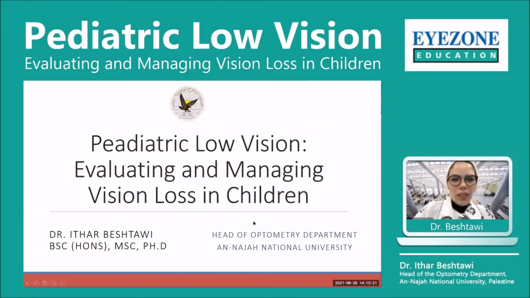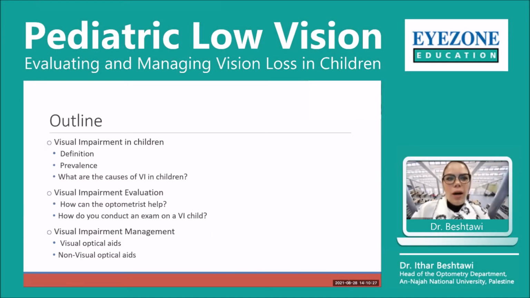Good evening, everyone. So this talk will be divided into 3 parts. The first will be a brief introduction about visual impairment in children, talking about definition and causes of visual impairment.